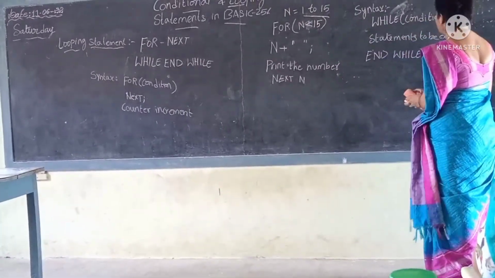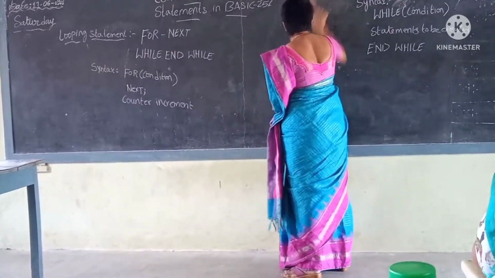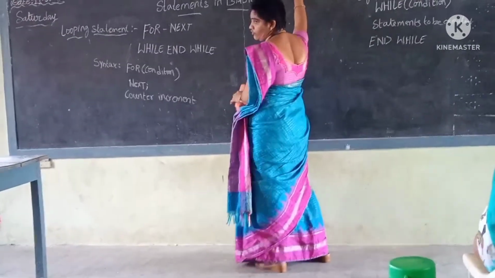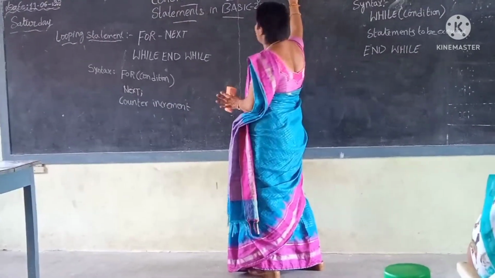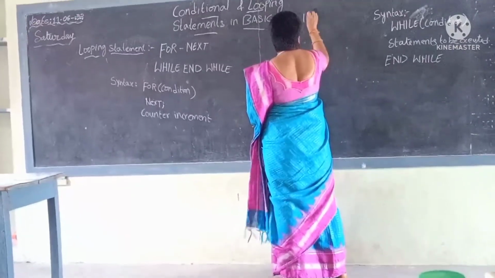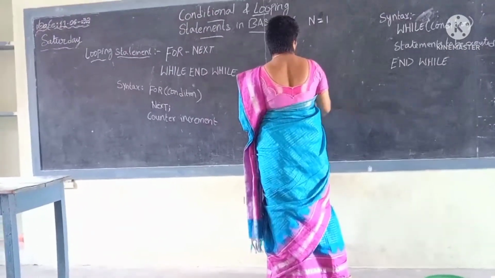So I will show you a simple program for this. To print the numbers from n equal to 1 to 5, the ending number we are not giving here. So we will give the initialization number n equal to 1. We don't know how many times the loop should run here.